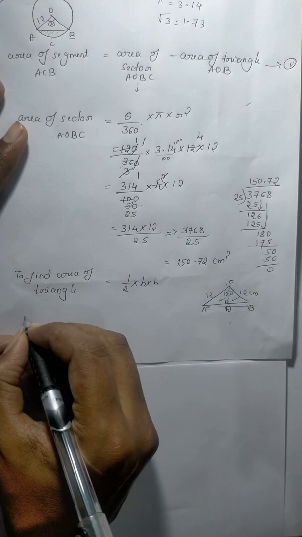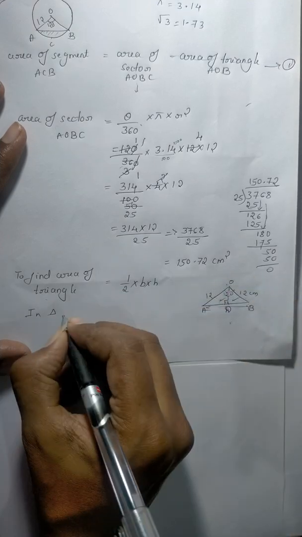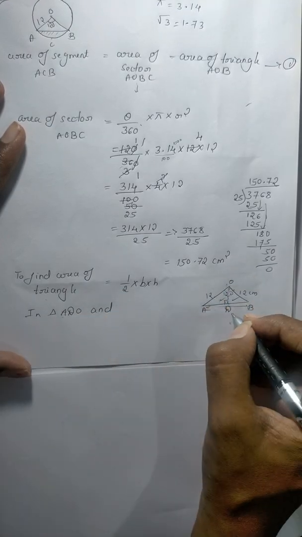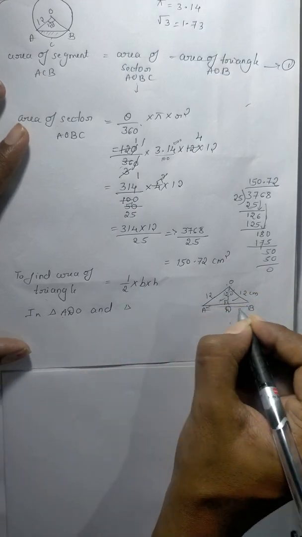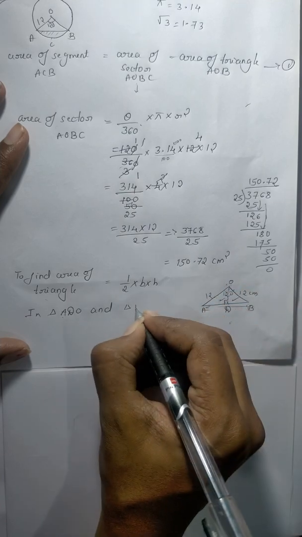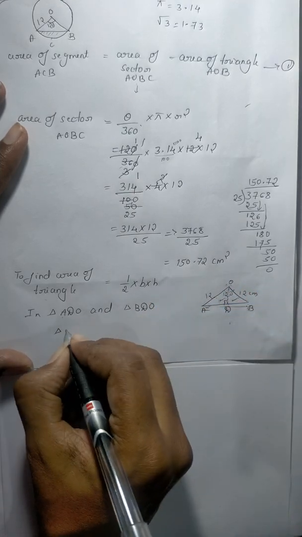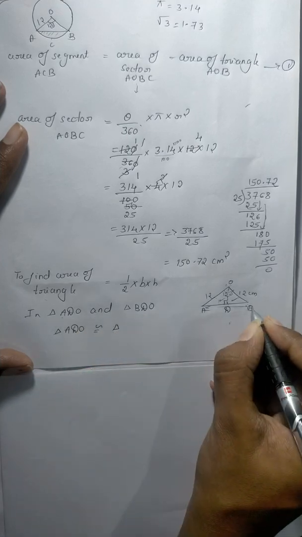So we'll write triangle ADO, and to make the problem simpler we can write directly BDO. So directly we will write triangle ADO is congruent to triangle BDO.